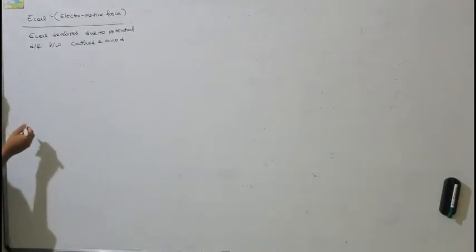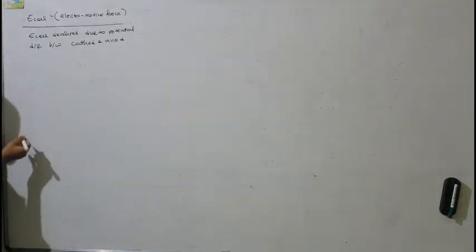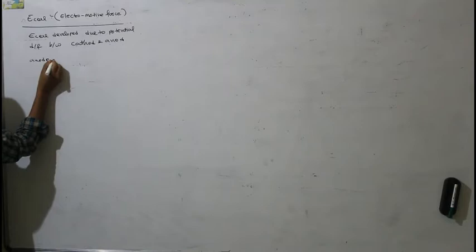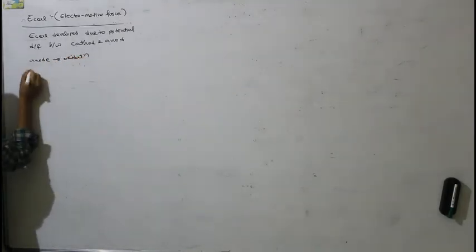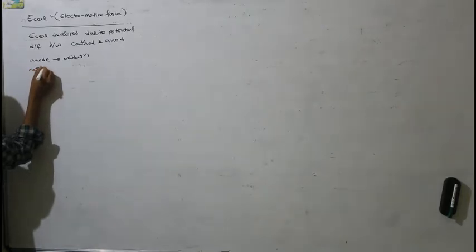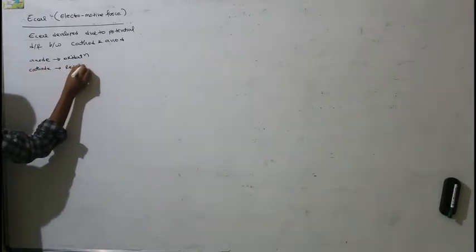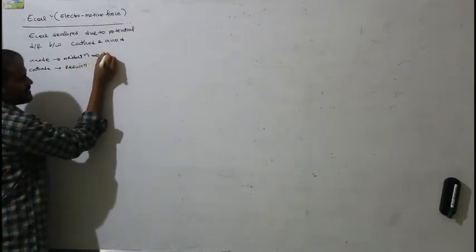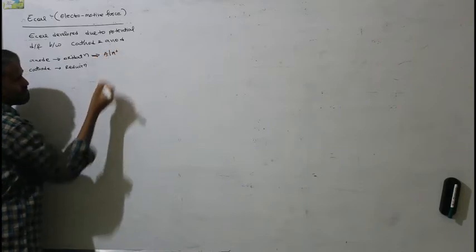So generally, when both anode and cathode are happening, at anode oxidation is happening, at cathode reduction is happening. Anode oxidation means, like Zn, an atom converts into ion.